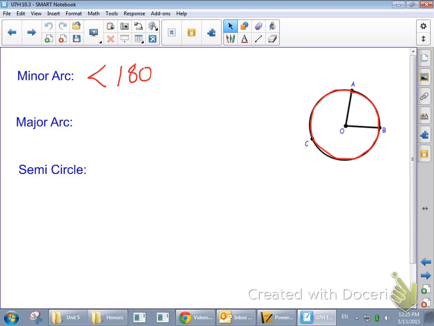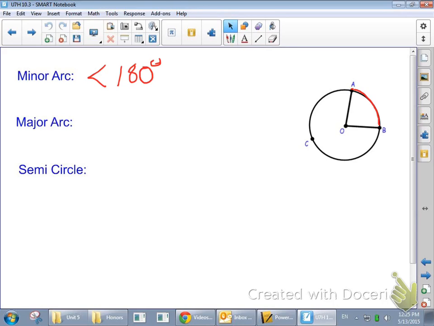So a minor arc, I could call arc AB. If I'm talking just about arc AB, that would be a minor arc because it's less than 180 degrees.